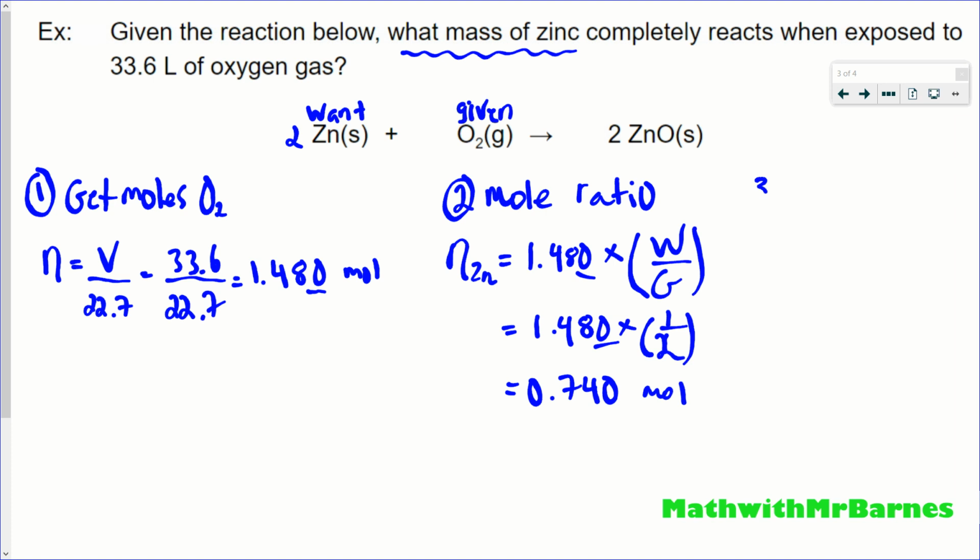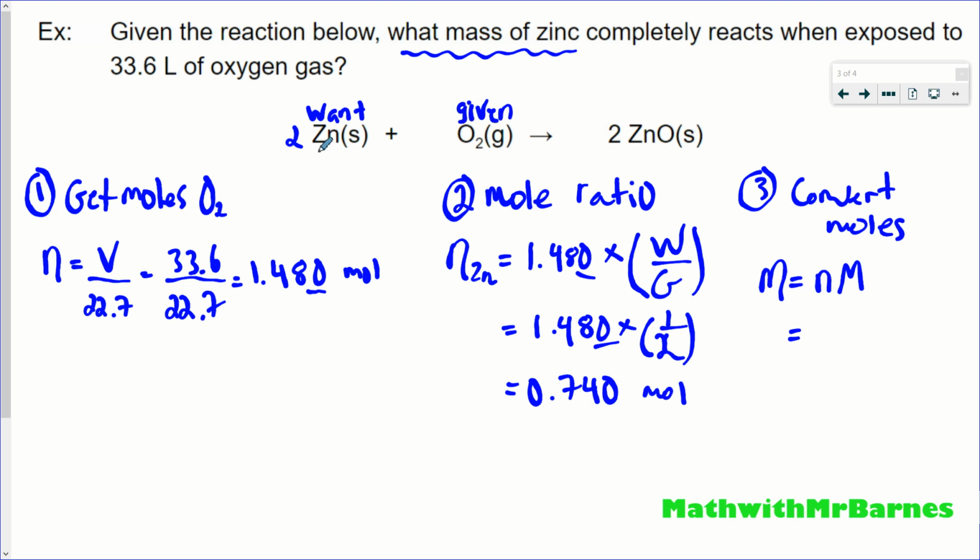So the third step always is then to convert moles. You take the moles that we found from the mole ratio, and we're going to use this: the mass is equal to the number of moles times the molar mass. Without fail, the most common mistake I see in these questions is students messing up molar masses.